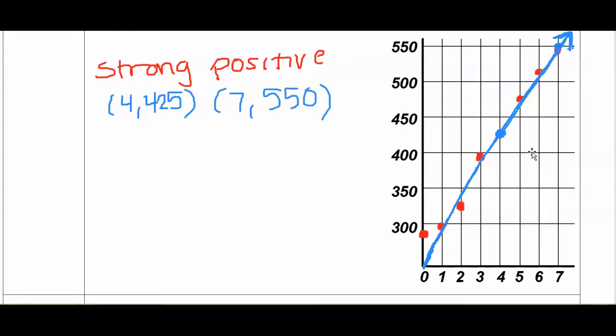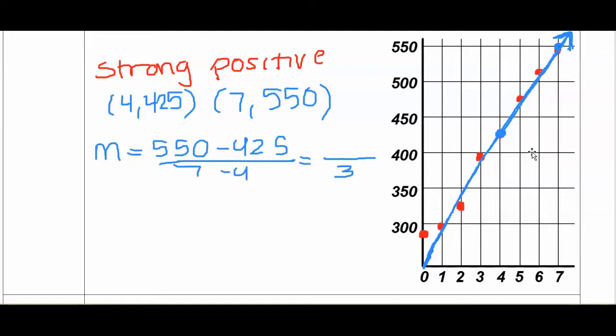Finding my slope. Unfortunately, 125 over 3 does not simplify nicely.